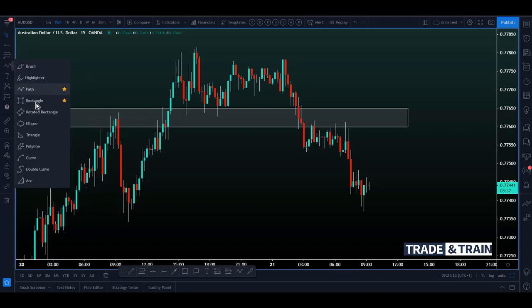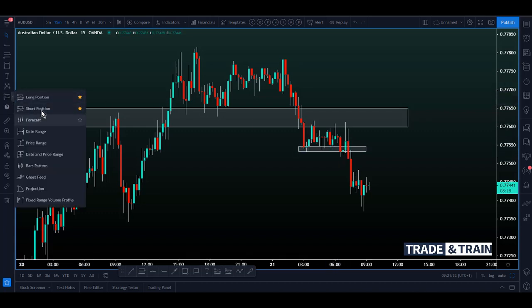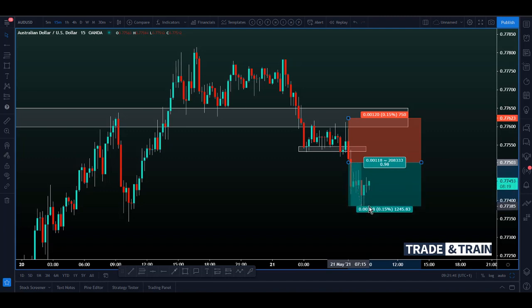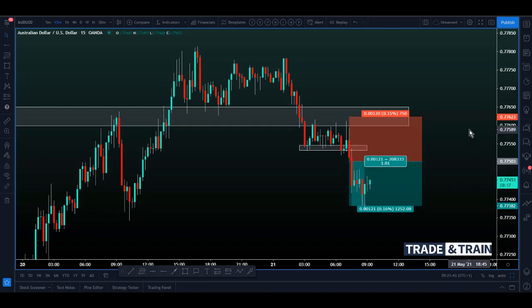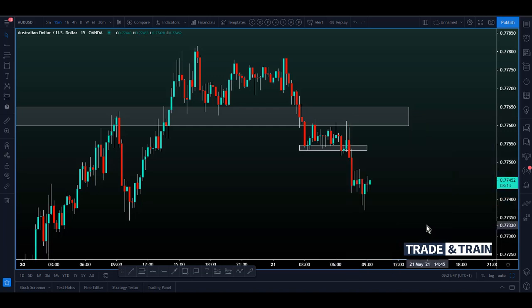Let me just try and draw it for you. Then we get this 15-minute candle that closes solidly beneath. That would have been a sell signal, where you would put your stops above these highs here, and that, guys, would have been 1%. But like I say, you'd have to trade smaller time frames.